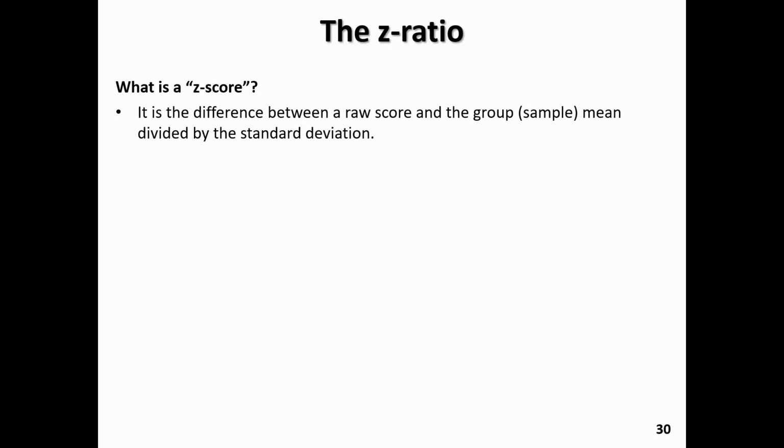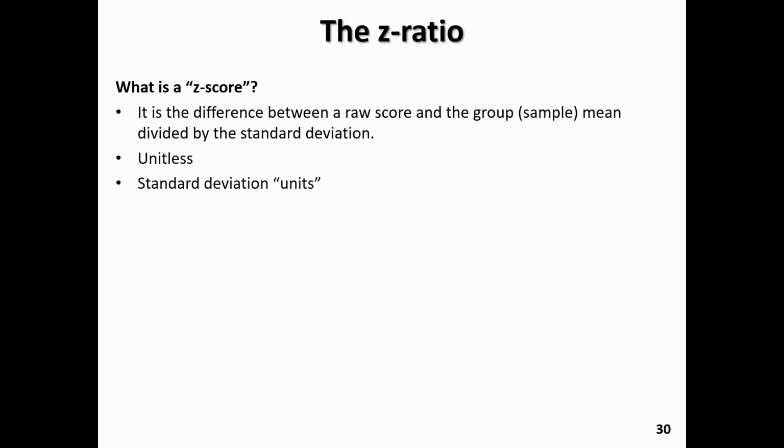A z-score is a standardized score, so the units of the original measurement have been removed. That's done by taking the difference between a raw score and a group or sample average score, divided by the standard deviation.